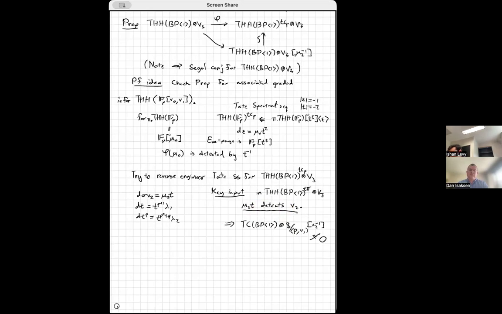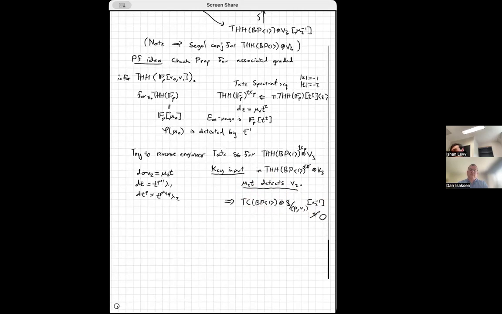And the reason is because this is a ring, and this ring maps to this ring. And you can see that in this ring, V2 is non-zero, it's detected by this thing, but in fact it's not even just non-zero, it's non-nilpotent. This is a non-nilpotent element inside the spectral sequence. And so when you invert V2, you still get something that's non-zero. So you can use that to see this redshift statement. So this is the key fact that you need to know.